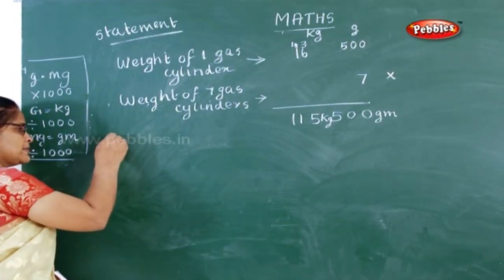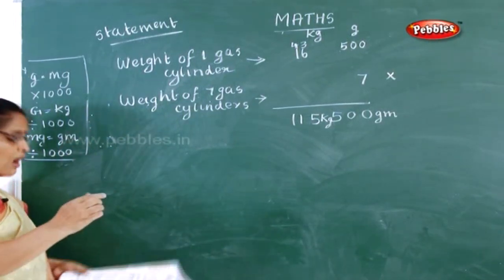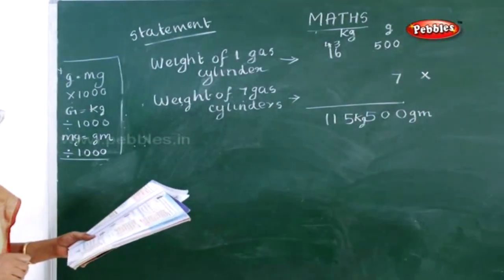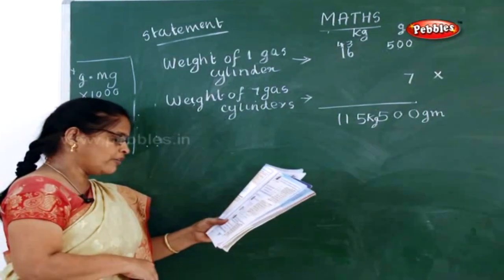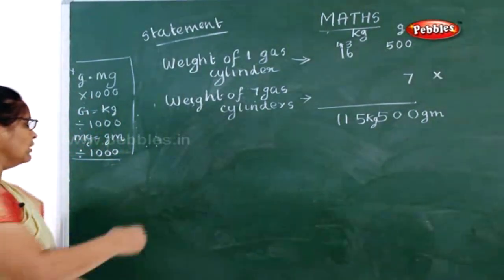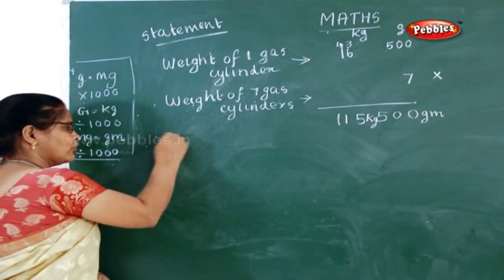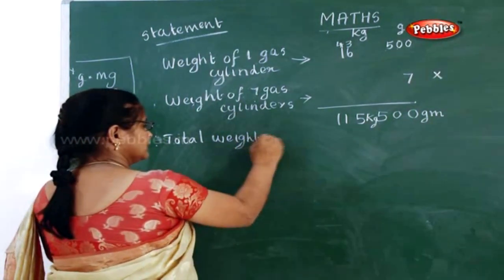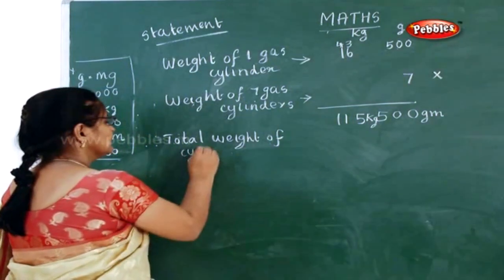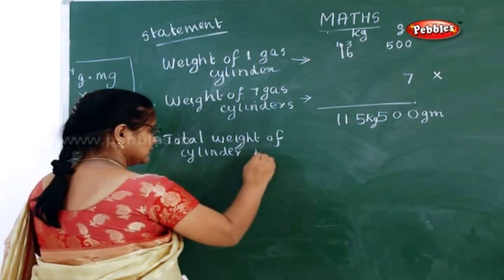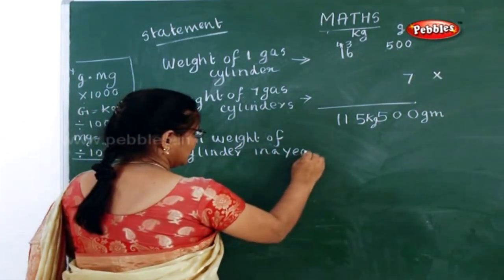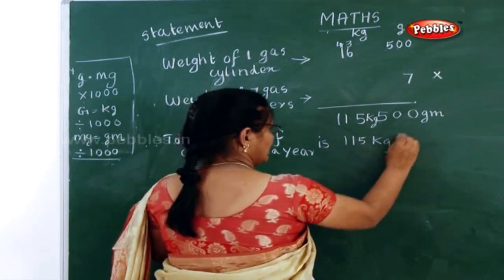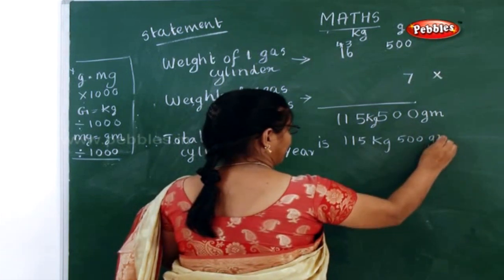Now in the statement sums, what did I tell you? The final answer, whatever the question is given. What is the question given in the statement problem? What is the total weight of gas used in a year? So immediately you have to write, therefore, total weight of gas cylinder in a year is 115 kg and 500 gram.